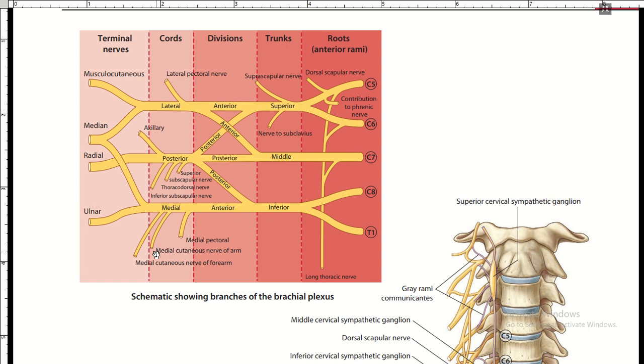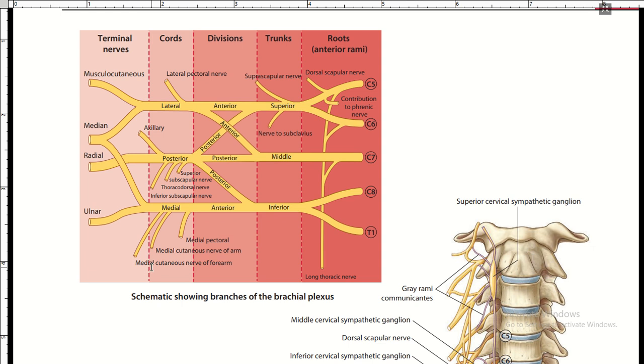You're also going to have the medial cutaneous nerve of the arm. The medial cutaneous nerve of the arm is going to supply the skin of the medial aspect of your upper limb, together with the lateral cutaneous branch of the second thoracic nerve, forming what is called the intercostobrachial nerve that will supply the medial portion of the arm. That's your medial cutaneous nerve of the arm.